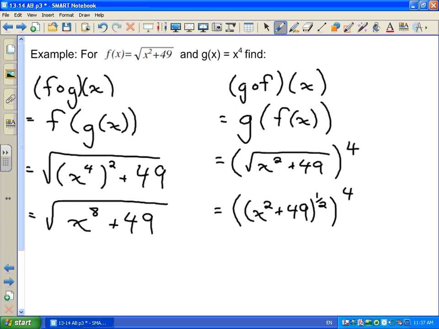And then again, we're applying the exponent laws. So what's our final answer going to be? x squared plus 49 to the power of 2, exactly. Just applying the exponent laws, 4 times 1/2 gives us 2. And if we wanted to, we could expand that out by multiplying, but that's too hard for me to do right now, so I'm just going to leave it.